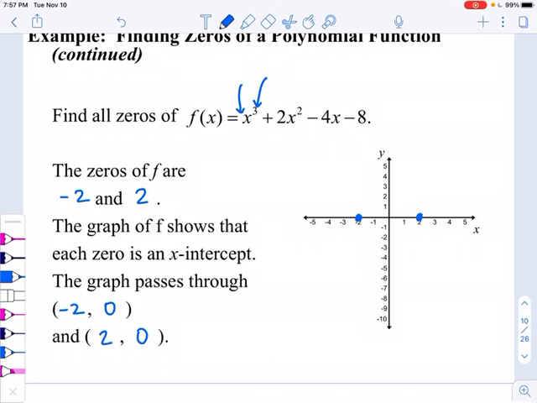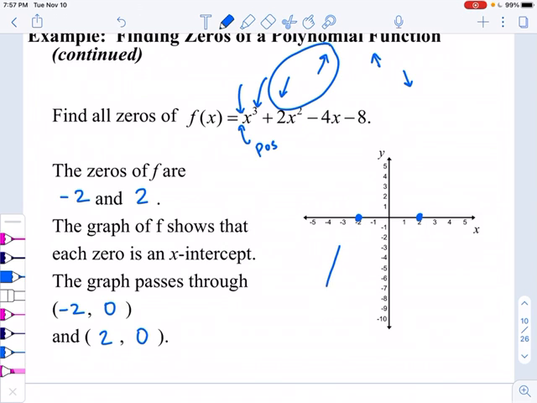Now, if I go about graphing this function, we said to look at the highest power, third degree, and the leading coefficient. What is happening with this graph? Well, a third power means that we're going to have one end up and one end down. So it's either going to be down like this and up like that, or up and then down. If I look at the leading coefficient, it is a positive value, which means we start from the left-hand side going down.